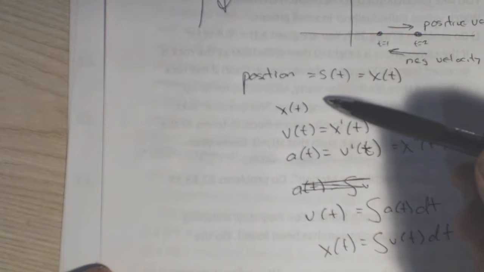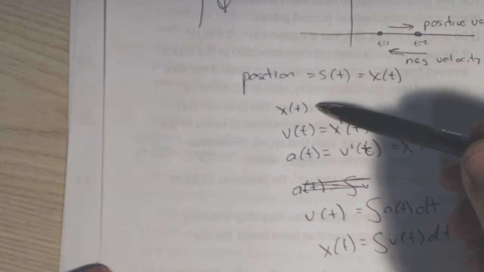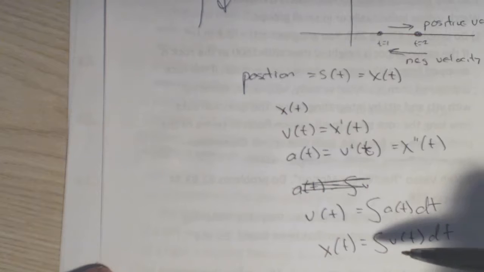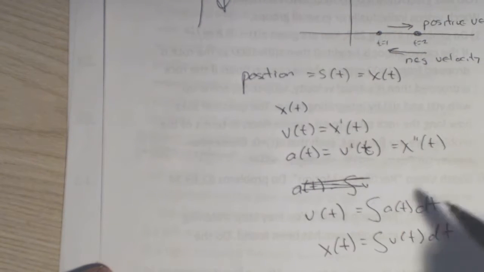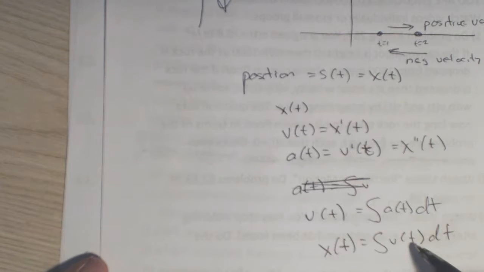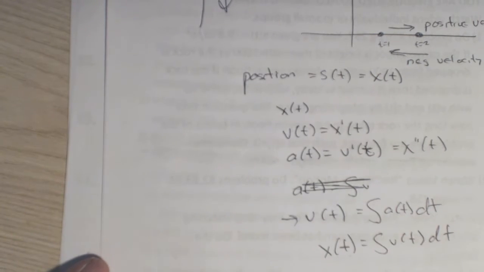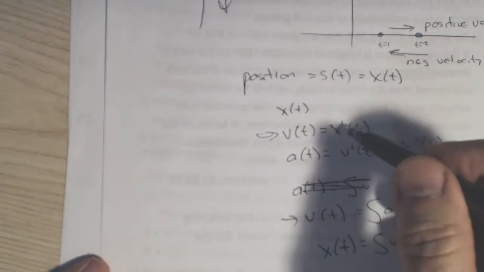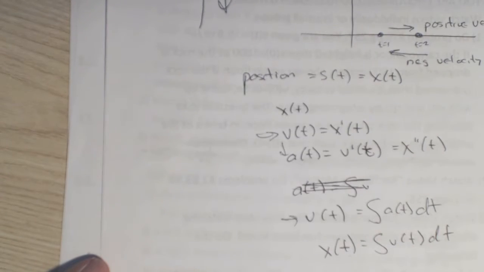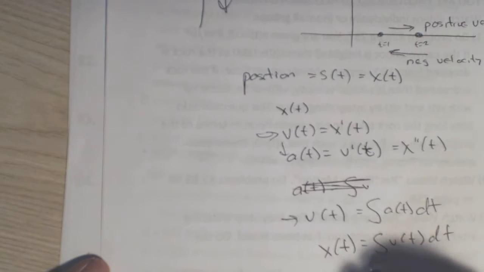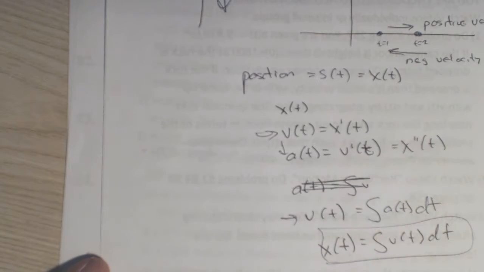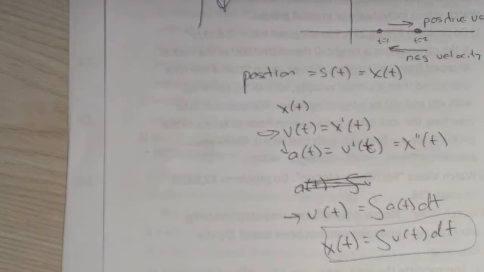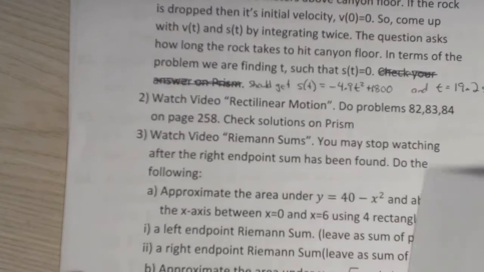You're either going to work from the top down, from position to acceleration by taking derivatives, or from the bottom up, from acceleration, integrating to velocity, and then integrating again to position. I guess there is one problem where they start you right in the middle. If you're starting at velocity, you'll take a derivative to get down to acceleration, but you will integrate to get the position. Okay, I'm going to do number 81.